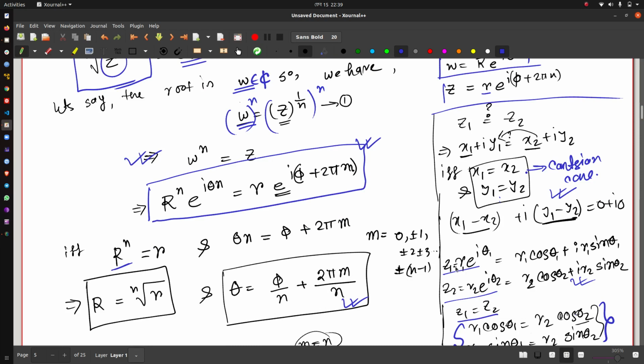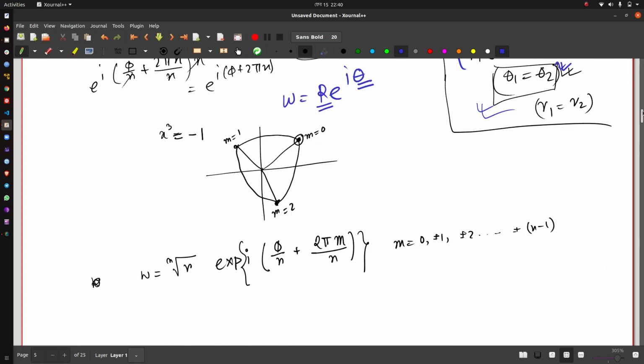If you go beyond that, then what happens is that you get the same root again and again. This is again easy to show. If you just put m equals n, there would be a factor of 2 pi. So theta would pick up a factor of 2 pi. There is an i in front, and e to the power 2 pi i is just 1.